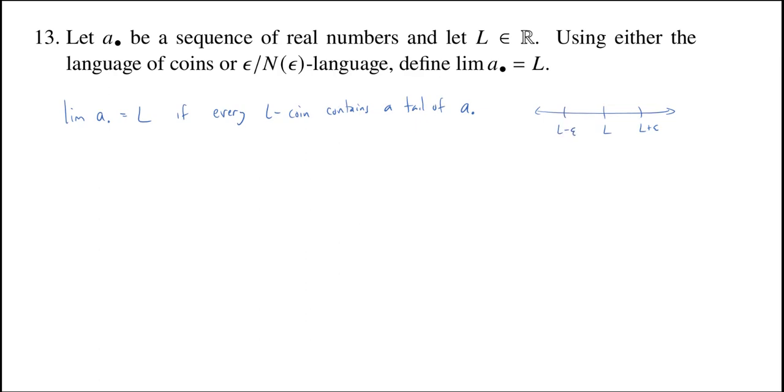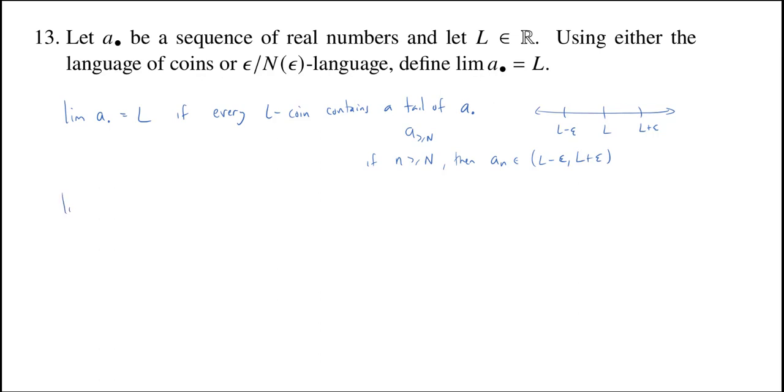And the idea is that maybe not every term in the sequence lies within epsilon of L, but once I hit some tail, which we denote by something like A sub n for n greater than or equal to big N, so if little n is at least as big as big N, then A sub n should lie inside this coin, L minus epsilon to L plus epsilon. So there's our first definition, that every L coin contains a tail of A.